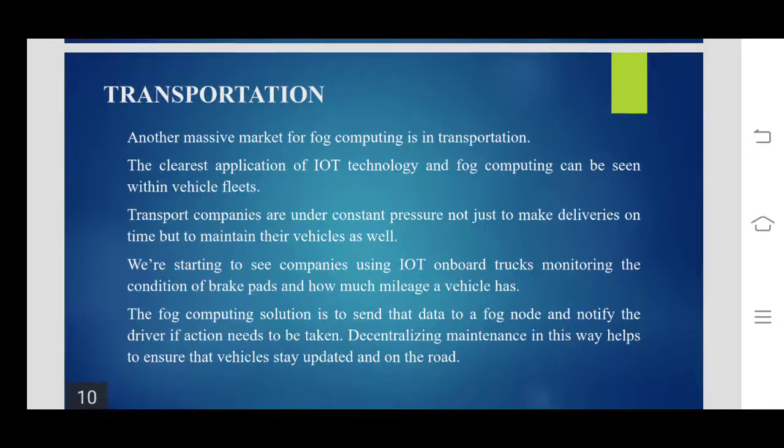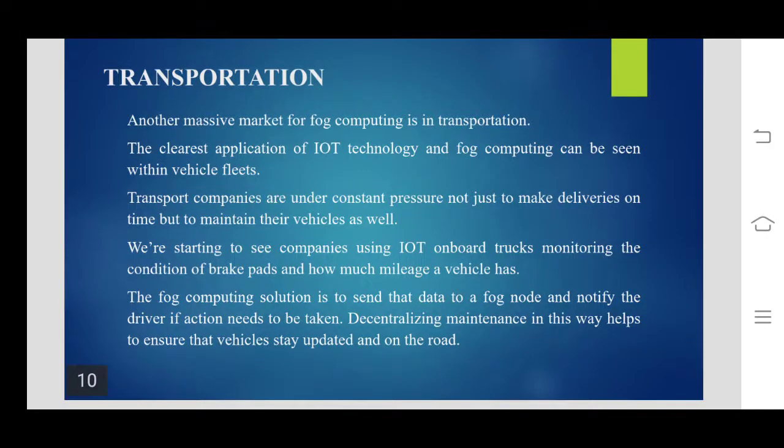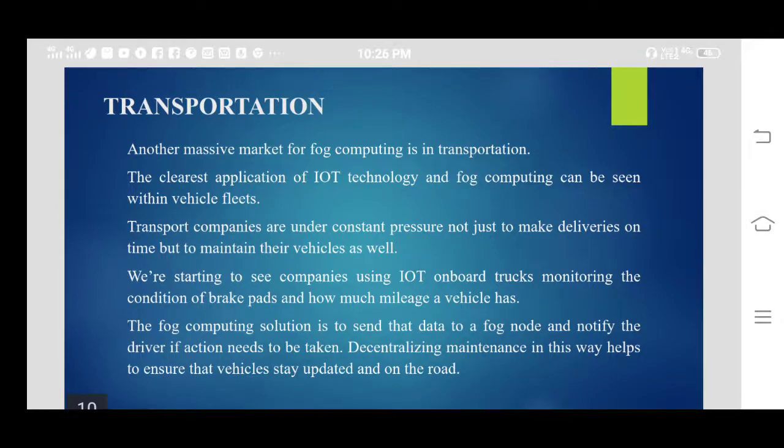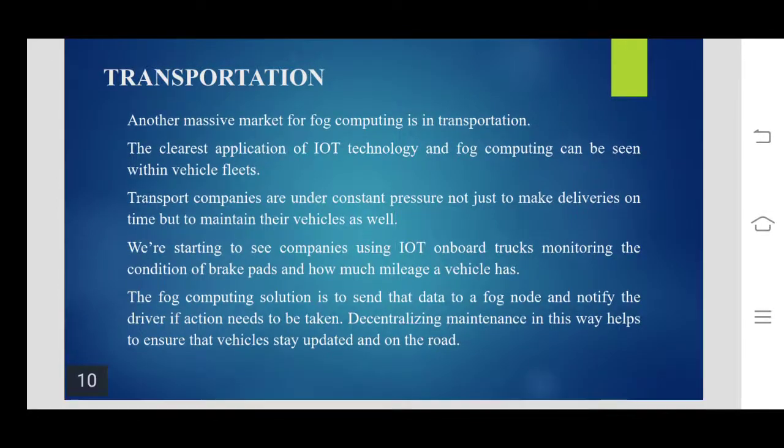And third one, transportation. Another massive market of fog computing is in transportation. The clearest application of fog, IoT technology, and fog computing can be seen within vehicle fleets. Transport companies are under constant pressure not just to make deliveries on time but to maintain their vehicles as well.